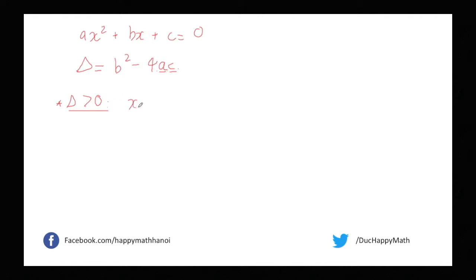The first one we call x1, and the formula of x1 is minus b plus square root of delta, all divided by 2a, and x2 equals minus b minus square root of delta divided by 2a. This is the formula of x1 and x2. It means solution 1 and solution 2 of this quadratic equation.